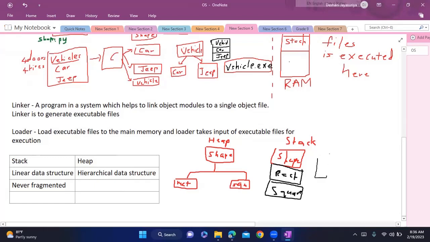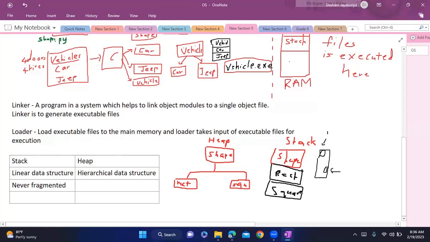So in heap, this shape, when it comes to RAM, one segment or one fragment of the shape file will be stored based on the RAM space. So one part of shape is here, and the next part, if you have space in this place in RAM, you will have in here. So it is fragmented, but stack is not in a fragmented way.